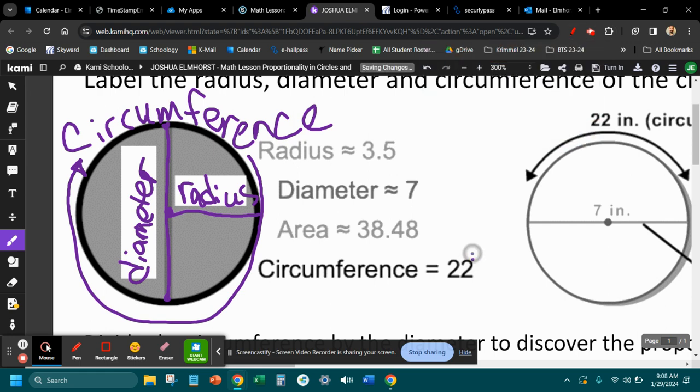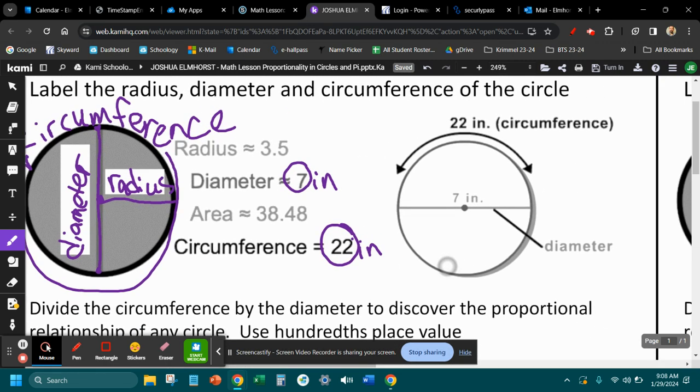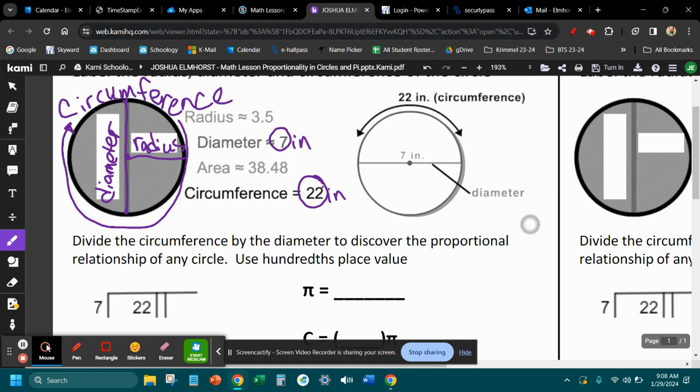So for example, if we had a circle with a circumference of 22, and we could call that inches, feet, miles, whatever the measurement is, if the diameter is 7, that special ratio, 22 over 7, is going to give us the proportional relationship of any circle.